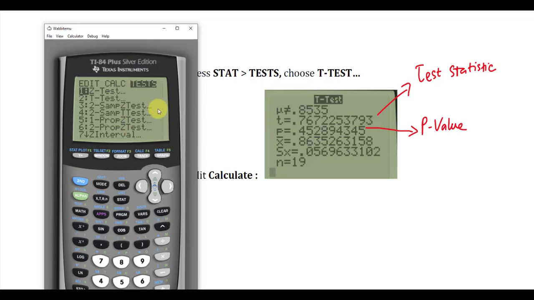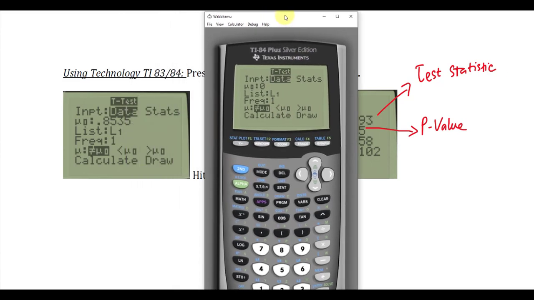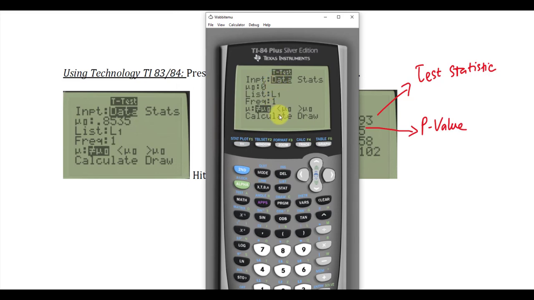Now we are looking for the t-test. We stored the data in the list L1, so you want to keep the option of data, and make sure that you choose the list L1, because we stored the 19 values of the weights there.